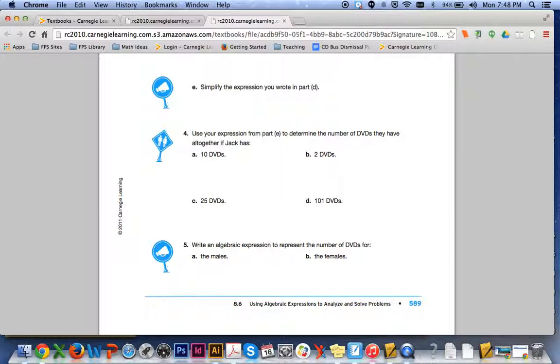So go ahead and do that now, simplifying the expression using those numbers for X. When you're finished, again, unpause the video and check out the next portion of the lesson.